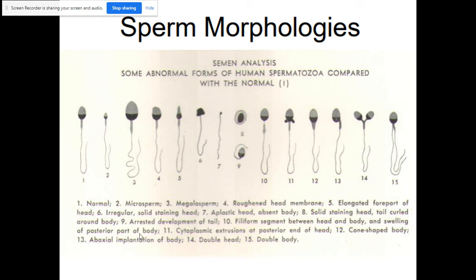Worst are 8 and 9, which have an absent body, or arrested development of the tail, no tail or no body. Also, we have this amazing 14, the double head. These are more abnormalities of the sperm.